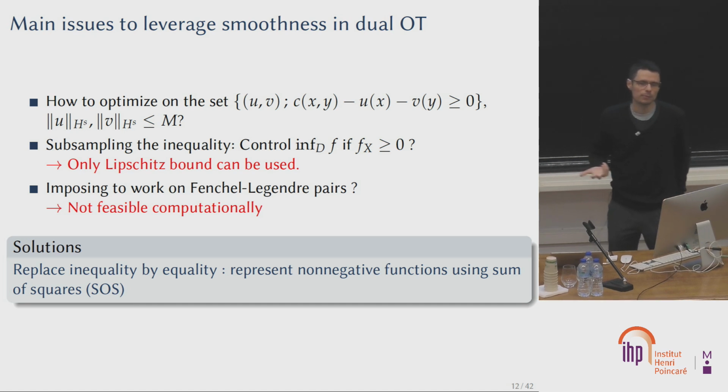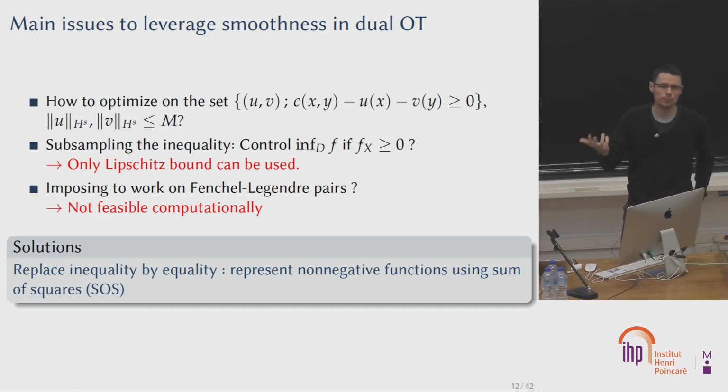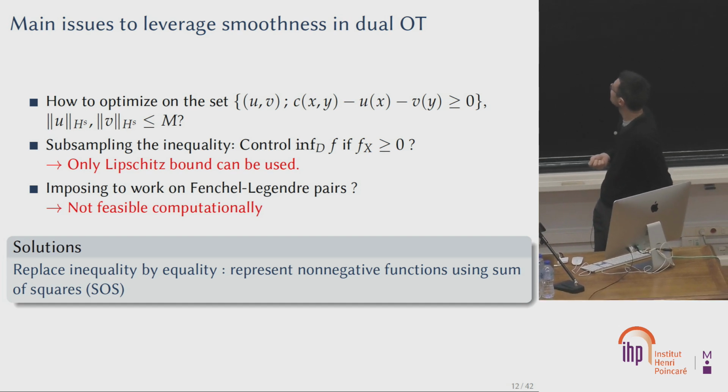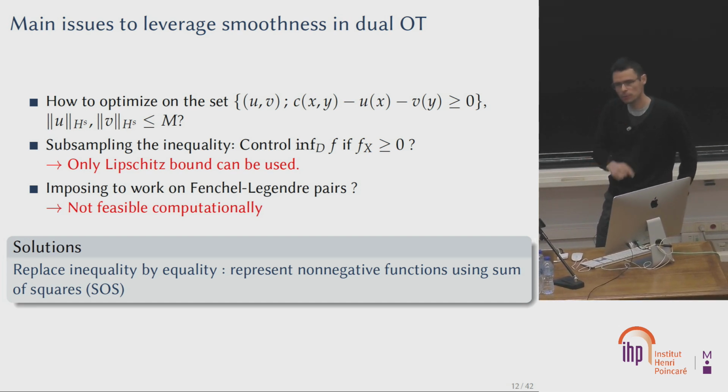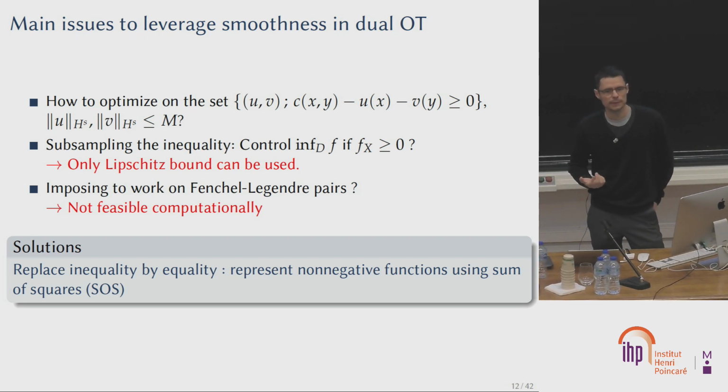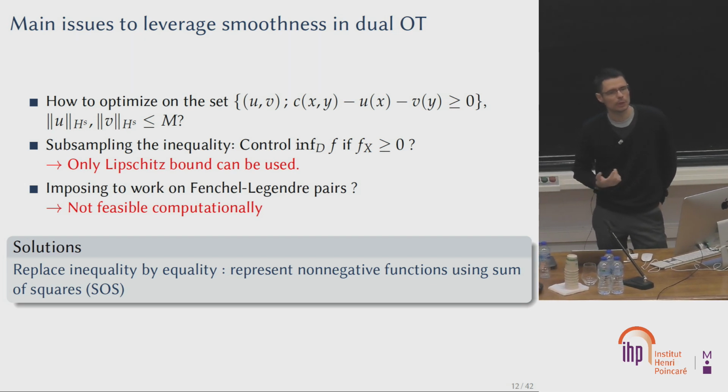And if you don't have smoothness, you are bound to Lipschitz inequalities, which get you to the curse of dimensionality. Another way to go would be to work on Fenchel-Legendre pairs, but we were not able to do it. Maybe it's possible to do it, but we were not able to do it.